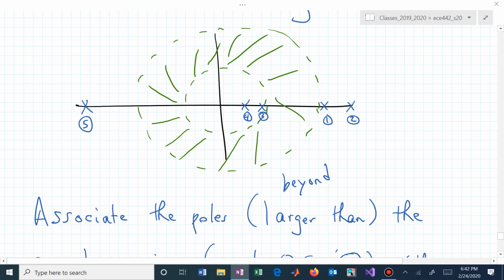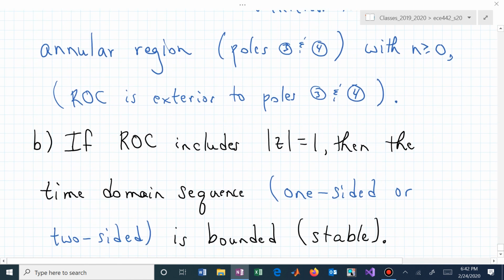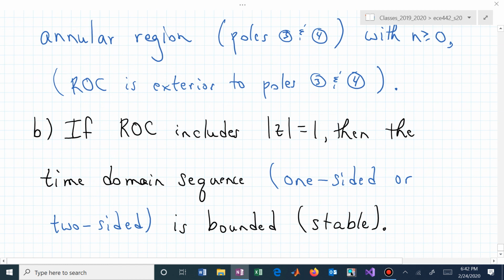We have this picture. What could we say now about the bounded or unbounded behavior is summarized in this statement, statement B. If the region of convergence includes z equal 1, then the time domain sequence, one-sided or two-sided, is bounded.